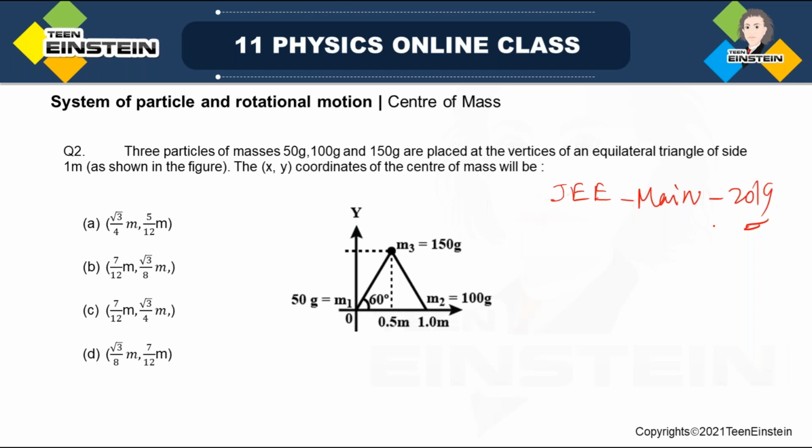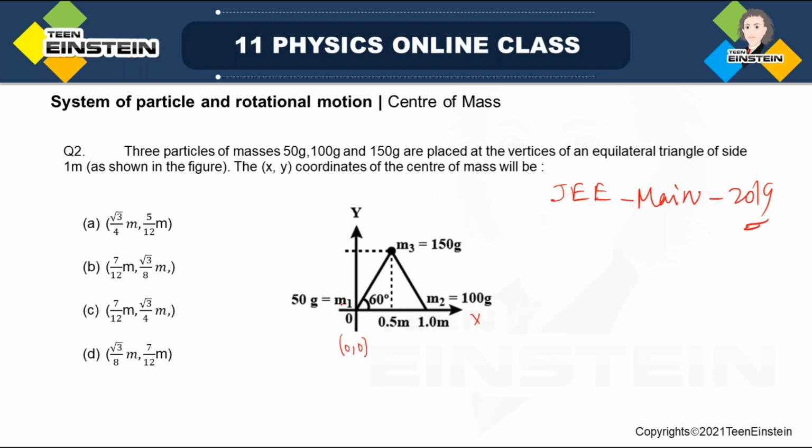So in this case, there are 3 masses, and these masses can be treated as point masses. And their coordinates also you can find out, since this point is the origin 0, 0. This is the x-axis, this is the y-axis as shown here.